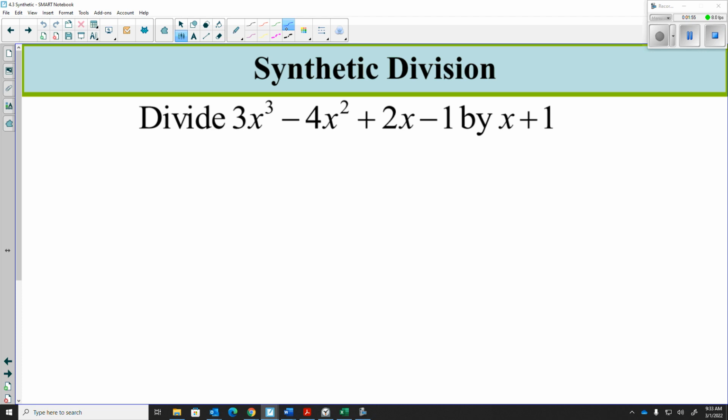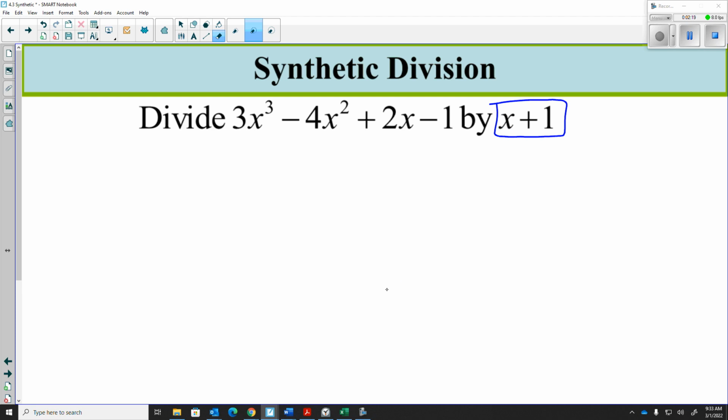I'm going to look at the thing that I'm dividing by, and I'm going to take the zero, or the solution, associated with that. What I mean is, if I set that equal to 0 and solved it, what would I get? -1. It's pretty easy, right?